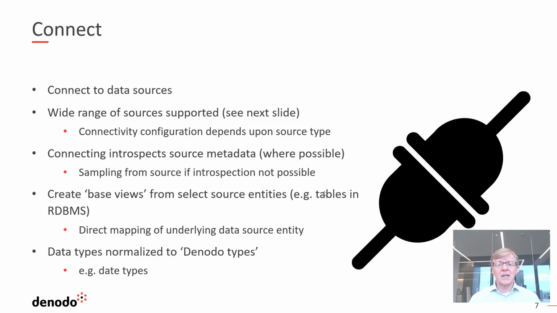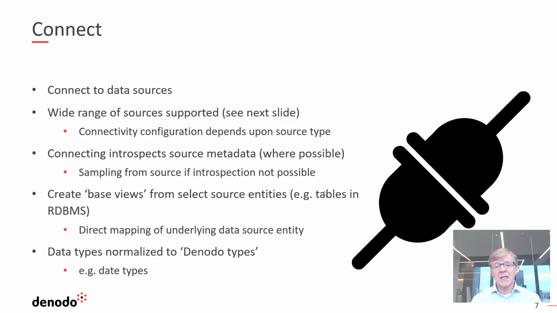If we're accessing a data source which doesn't have metadata, let's say a CSV file or a REST web services endpoint, the data virtualization platform can actually sample that data to try and work out the schema. So if you want to connect to a CSV file and you specify that the first line is a header line, then the first thing the data virtualization platform will do is read that first line from the CSV file and say, okay, these are the columns in the resultant base view.